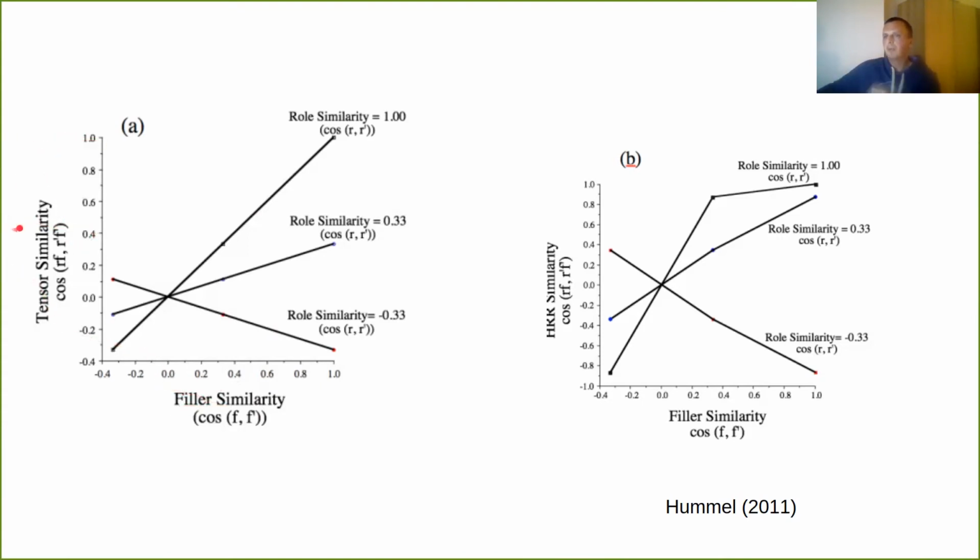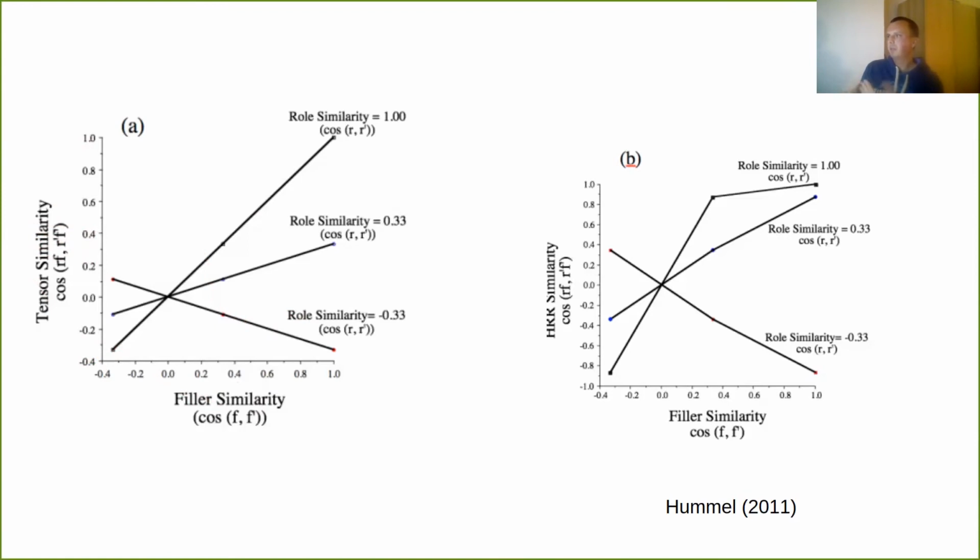For example, consider this case here. Here the role similarity is the maximum one, so the cosine similarity between the roles is 1. So these are structurally very similar. But the filler similarity is really low. So the fillers are very different.